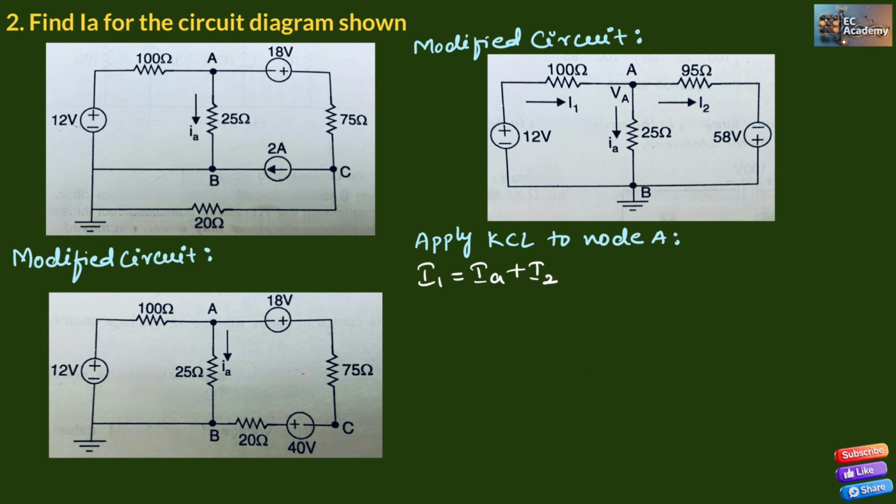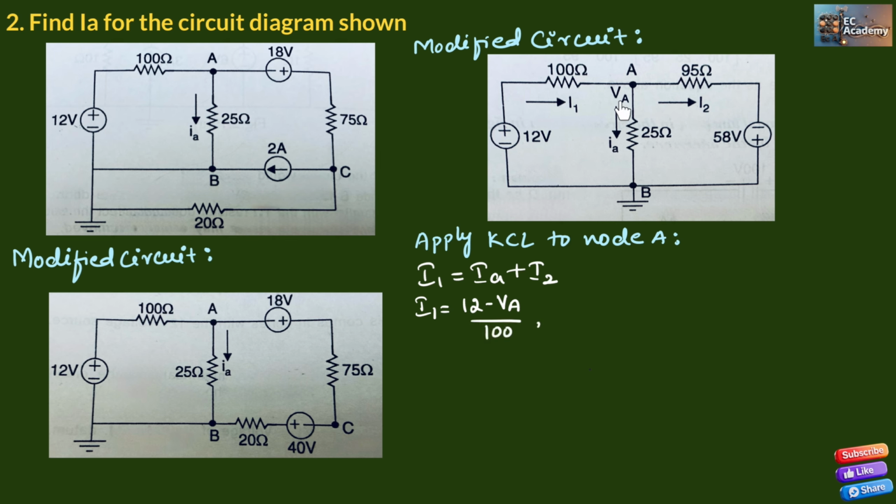So at node A, we can write I1 is equal to 12 minus VA divided by 100.